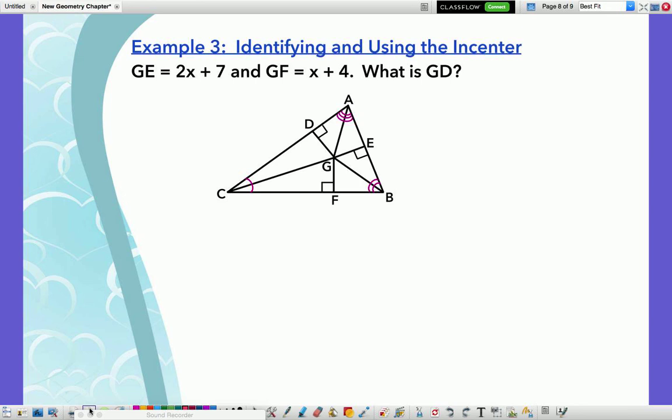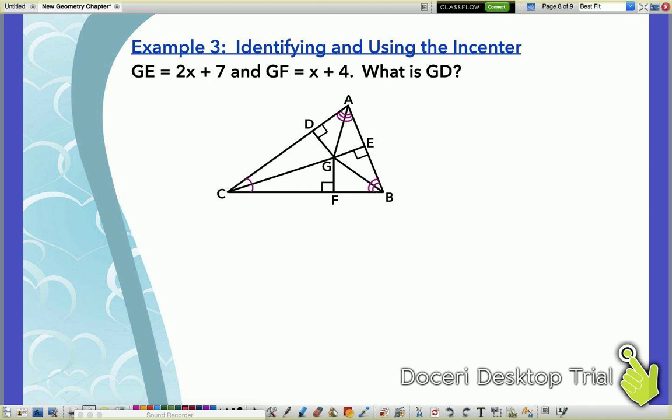All right, so they want us to find the incenter of this. So think about it for just a minute. Okay, so GE, first of all, here's what I know.